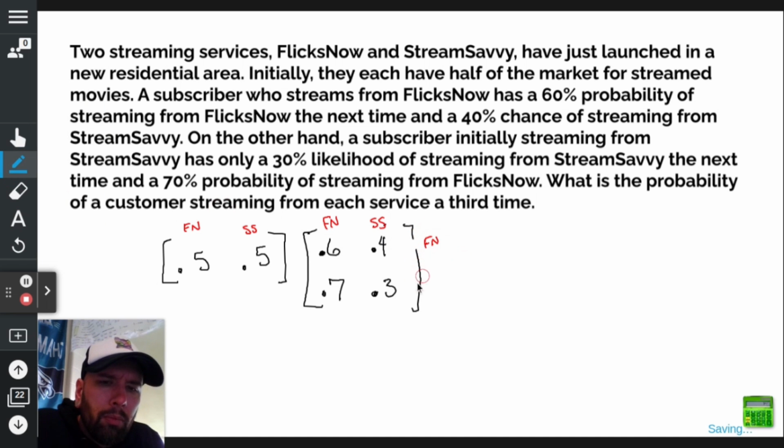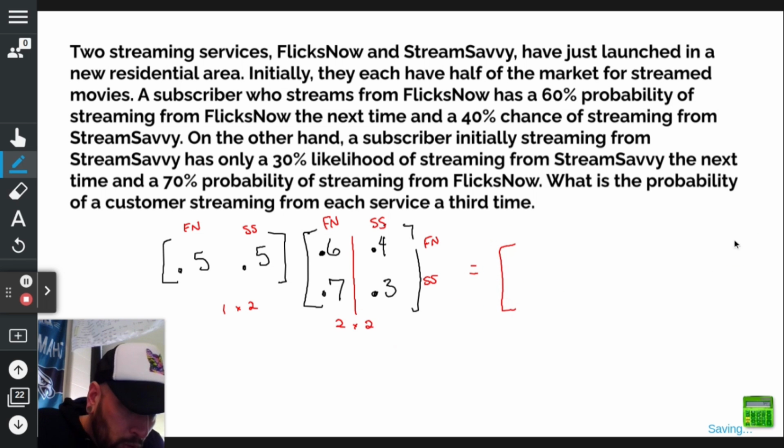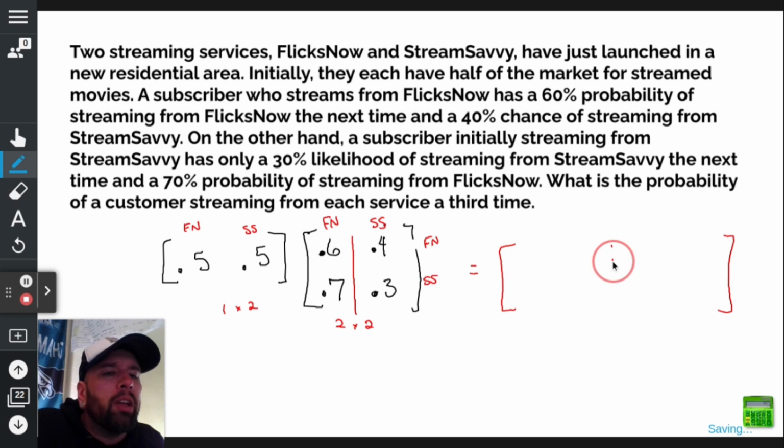Let's multiply these together. You are a 1 by 2, you are a 2 by 2, which means at the end of the day, I'm going to end up with a 1 by 2, which will look like this. Split it down the middle.